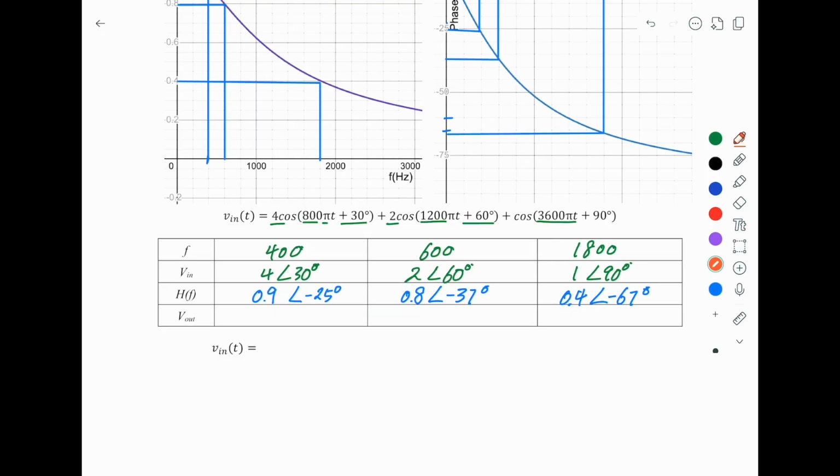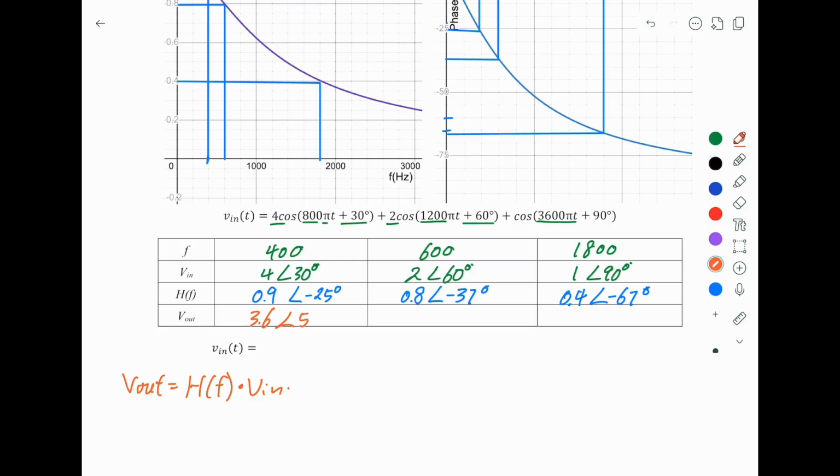Now let's apply the transfer function to the input signal. It means mathematically, we want to say output equals the transfer function applied to the input signal. And we multiply their amplitude, and we add their phases. So the first term, 4 times 0.9, which is equal to 3.6. The phase now becomes 30 minus 25 degree.